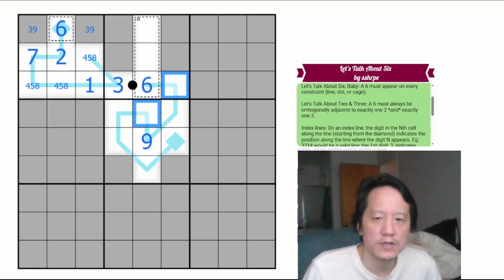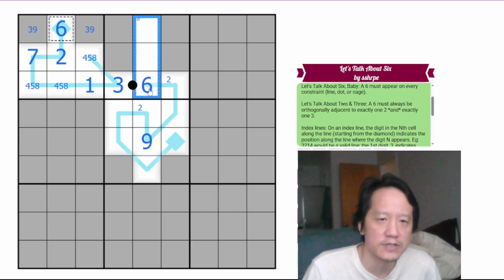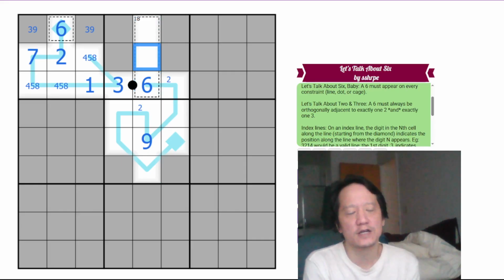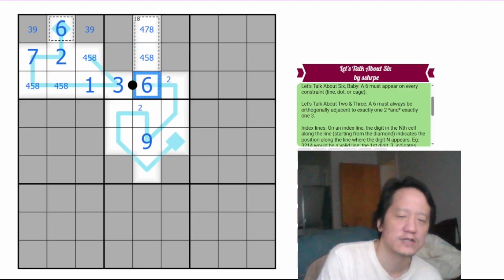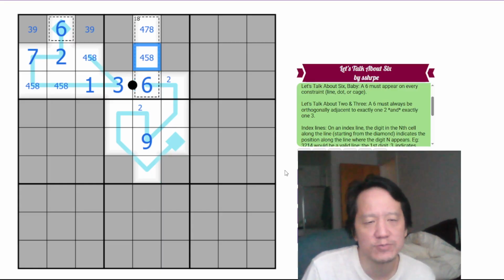2 must be in one of these two areas because it cannot be here. If this is 2 and 6, this would not add up to 18. So this is either, it cannot be 3, 6, 9. It could be 4, 6, 8 or 5, 6, 7. As long as this is 7, that's 5 to add up to 18, right?